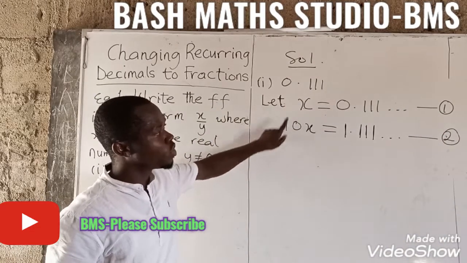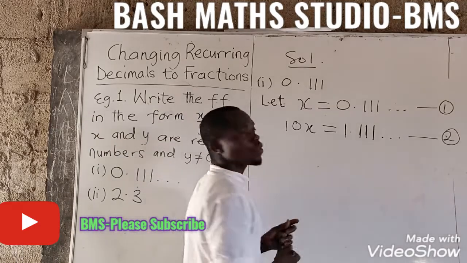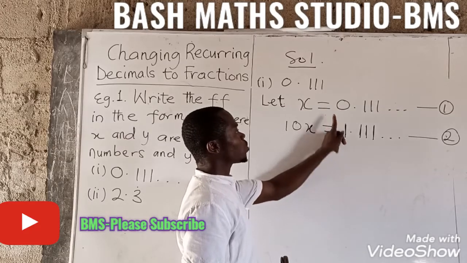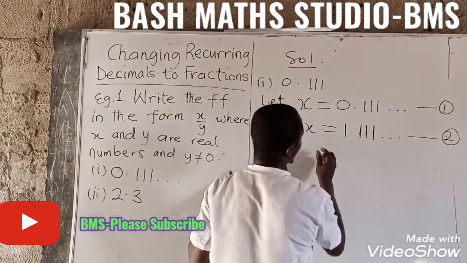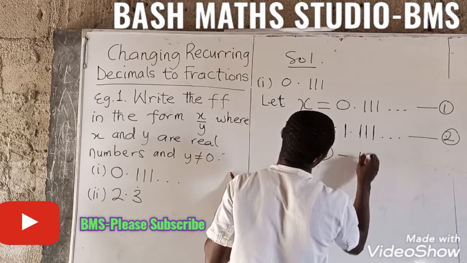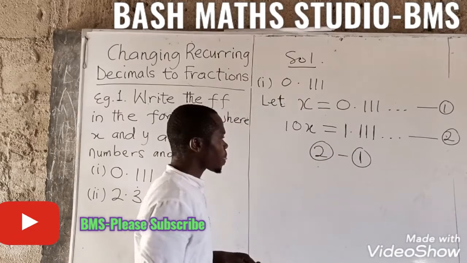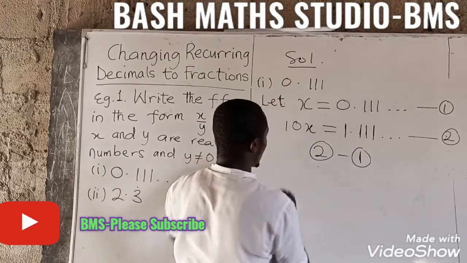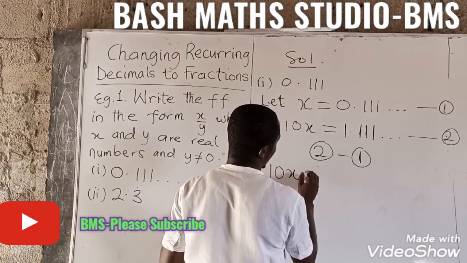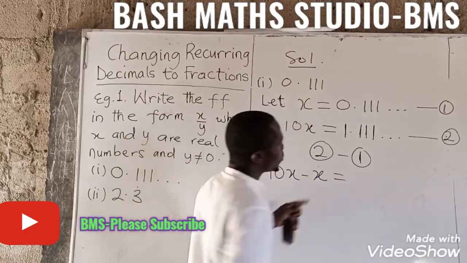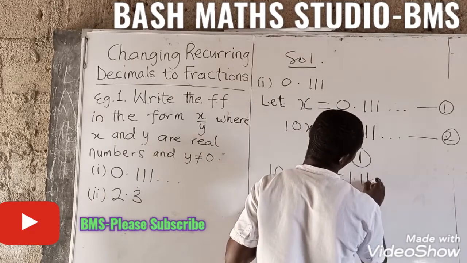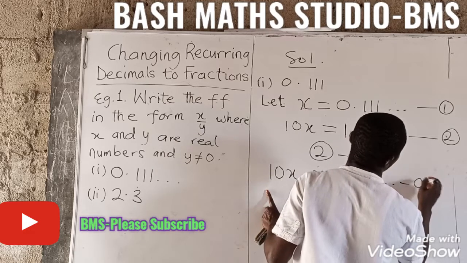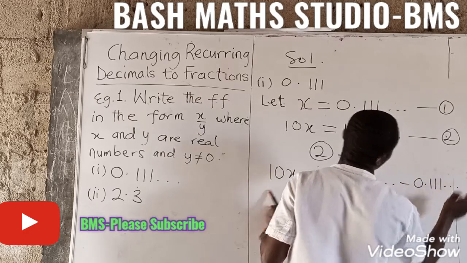Then between equation 1 and 2, we will subtract one from the other. Of course, equation 1 is smaller than equation 2, so it will be easier to subtract equation 1 from equation 2. So equation 2 minus equation 1 implies 10x minus x will be equal to 1.111 repeating minus 0.111 repeating.